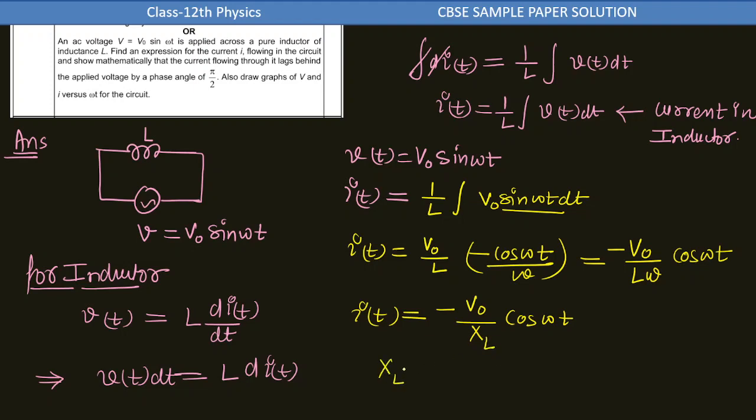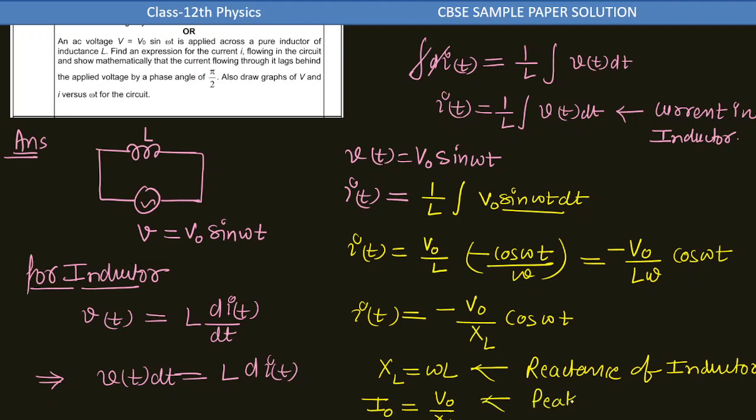This xl is equal to omega L, that is called the reactance of inductor, omega L. So this peak value of current I naught is equal to V naught by xl, that is the peak value of current.